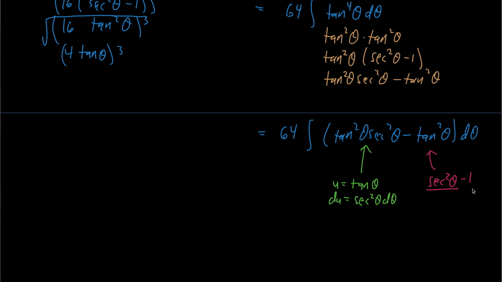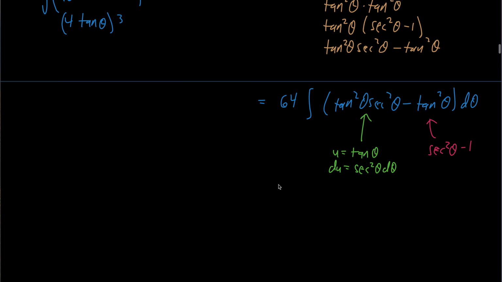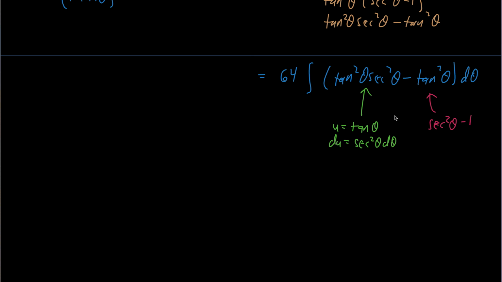So this integral would be relatively easy to figure out. And the integral of 1 is also relatively easy, it just becomes theta. So all in all, let's write this out. It might help to split these integrals up just so we can show that process. So we get the integral of 64 tan squared secant squared.